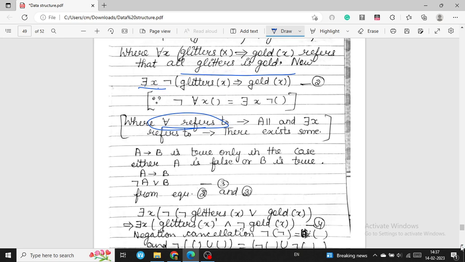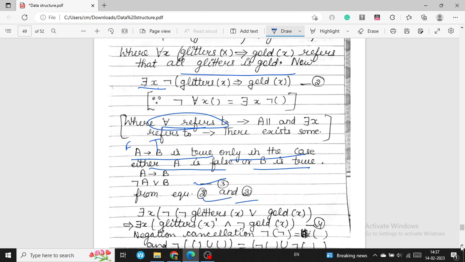A implies B is false only in the case when A is true and B is false; A implies B is equivalent to not A or B.